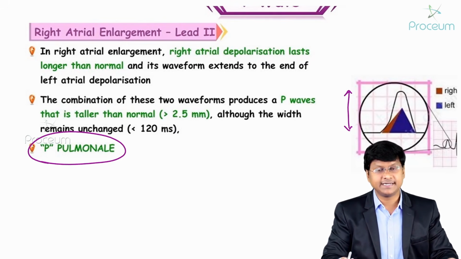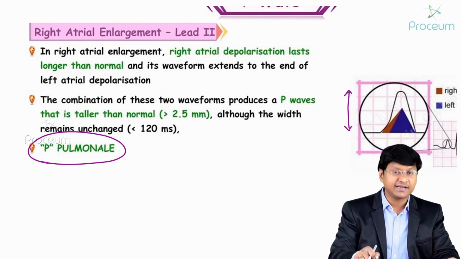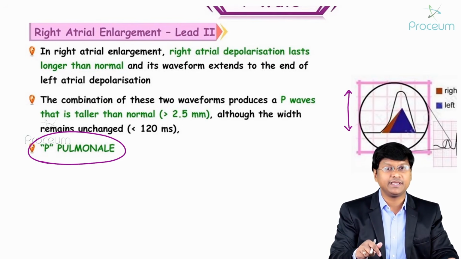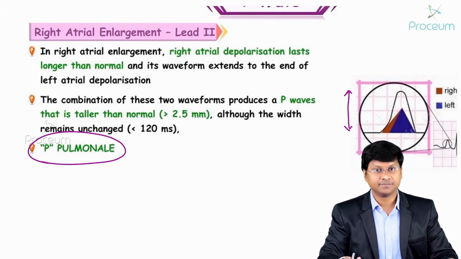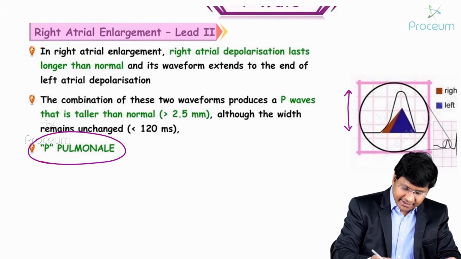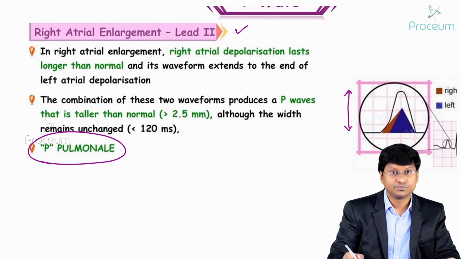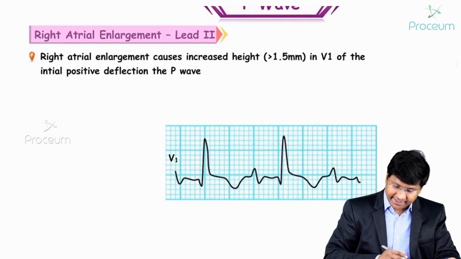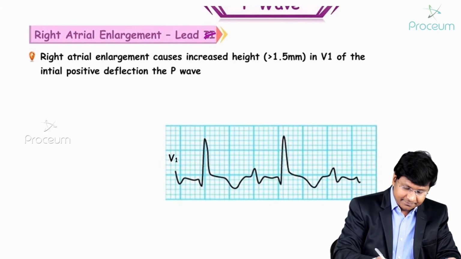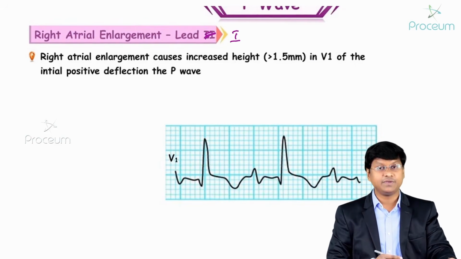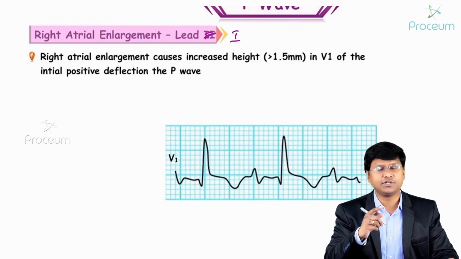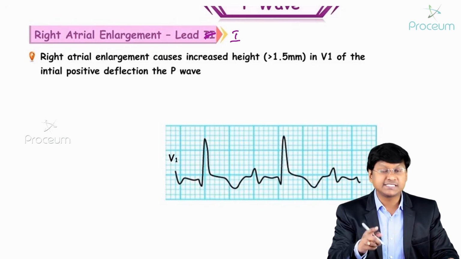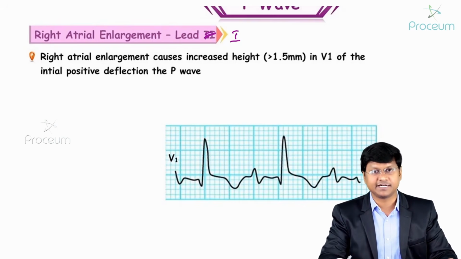Now, let's see how the similar right atrial enlargement will look in the chest leads, that is in lead V1. So this is your right atrial enlargement in lead 2. Whereas in lead V1, what did we discuss about the normal V1? The first half of the P wave represents the right atrium.